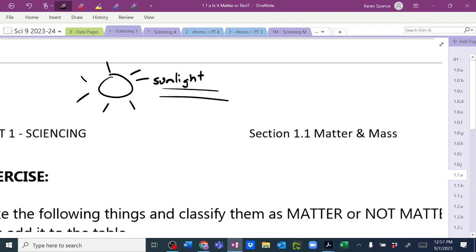So sunlight contains what colors? Roy G. Biv, yes. Red, orange, yellow, green, blue, indigo, violet.